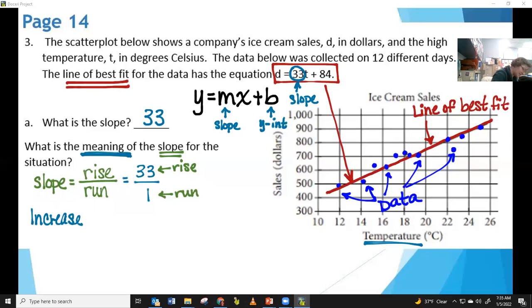An increase, well, since it's coming from my line of best fit, I actually need to start off with the word predicted. Because remember, each of those dots is the reported data. The line of best fit helps me make predictions. This is the predicted increase of, how much would we go up?